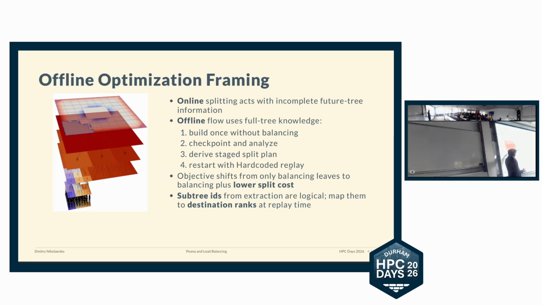So during this split instructions extraction, we get subtree IDs. So we get how many leaf nodes should go to which subtree. But there might be, for example, 8 subtrees, but only 4 ranks on average. So there's also a needed mapping from subtree IDs to destination ranks.